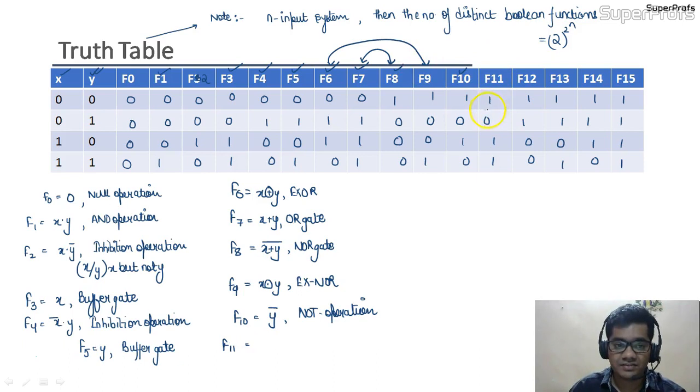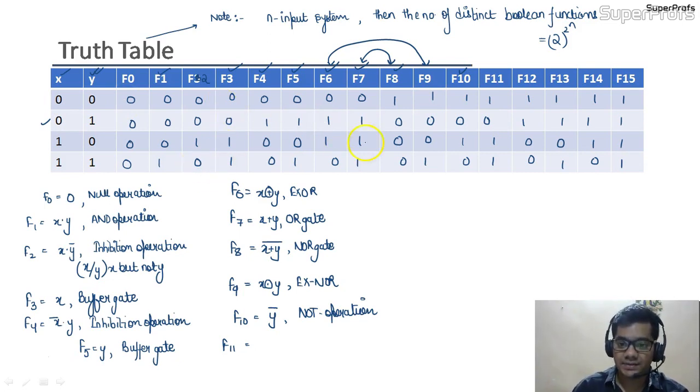Okay, this is F10. Now we are going to see the F11 function. For F11 we are getting 0 output for only one input, that is 0 1, but for 0 output we go for the max terms instead of the min terms.